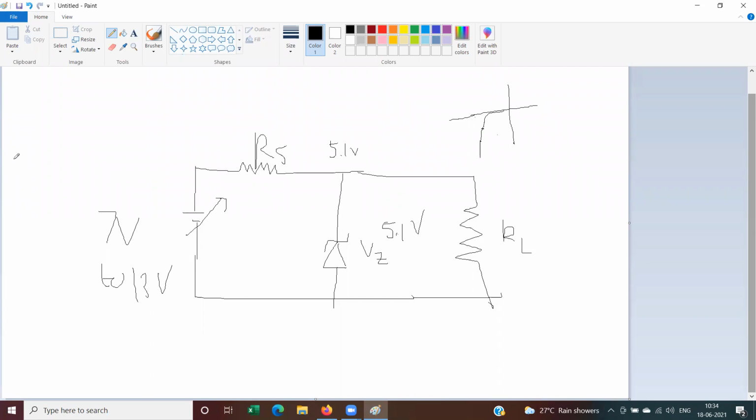See, this Zener diode is in the breakdown region, so the voltage across it ideally will not change. Practically it will change, but by a very small value. We will take the ideal version, so it will not change. Now, if the voltage across the Zener diode does not change, the voltage across RL will also not change because they are connected in parallel.